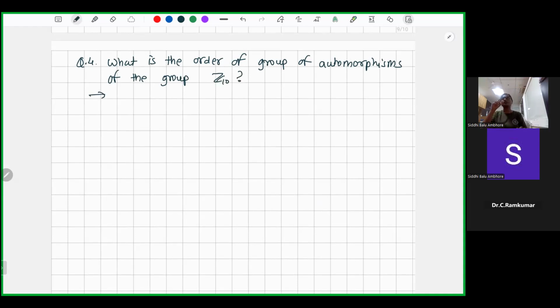This is the question. We have to find the order of the group of automorphisms of Z10. And one thing which we have all seen even before, when we first learned about the group of automorphisms in this course.